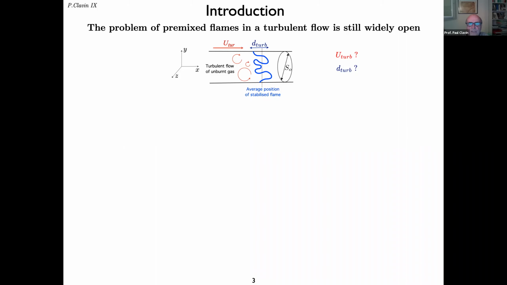For example, here there is a sketch of a flame, a wrinkled flame, which is wrinkled by the turbulence, propagating in a tube. And the question is, what are the characteristics of the turbulence-induced flame brush?